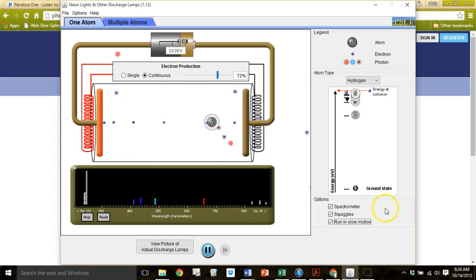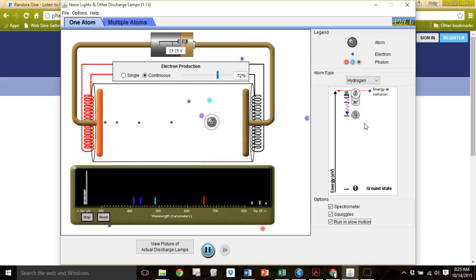Feel free to rewind and replay. If you're trying to answer question 6, take a look at where the electron is bouncing between. It goes up and down. Notice when it stops at different levels.